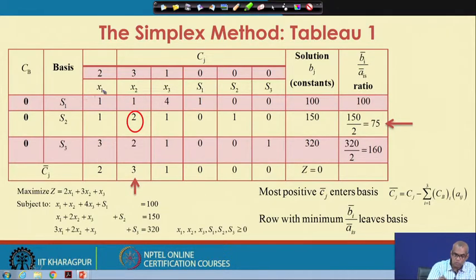You can check this, that it is in canonical form, and x1, x2, x3 are non-basic variables, and the coefficients of the constraints are written.